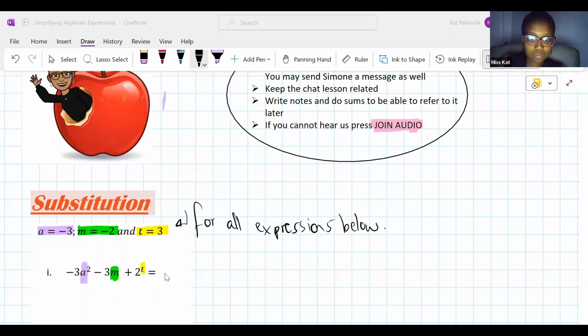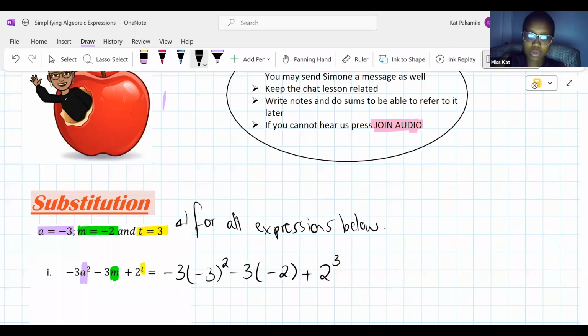So, ma'am, you're going to open brackets, -3, close brackets, to the power of 2, minus -3, open brackets, -2, close brackets, plus 2 to the power of 3.